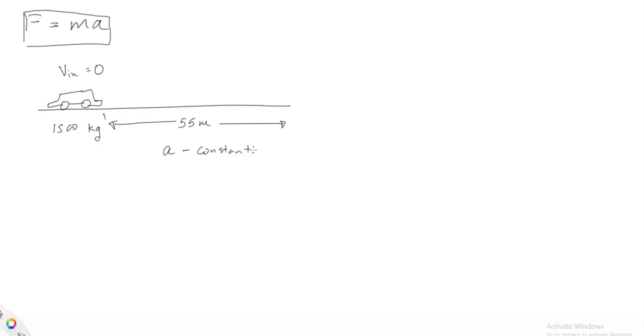So if we say acceleration is 2 meters per second squared, that means every second the speed gets increased by 2. So if it was initially 0, a second later it's 2, another second later it's 4, another second later it's 6, like that. It's increasing at a constant rate. Velocity is changing at a uniform constant rate.